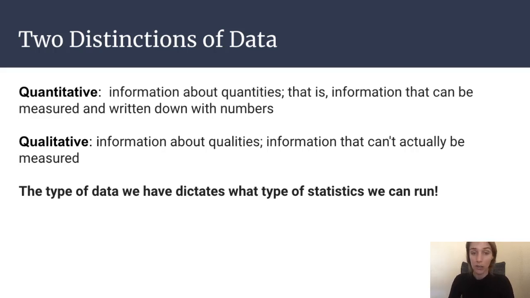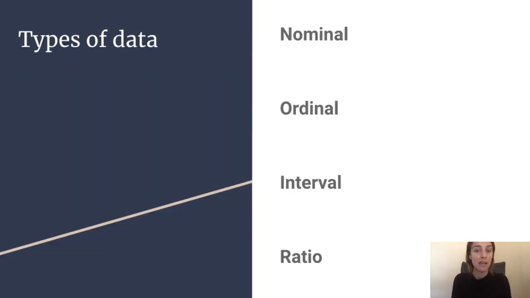So let's take a look at the four major types of data that we'll be looking at here today. We have four major types of data: nominal, ordinal, interval, and ratio. All right, each of these is distinct in what it can tell us about any given information.